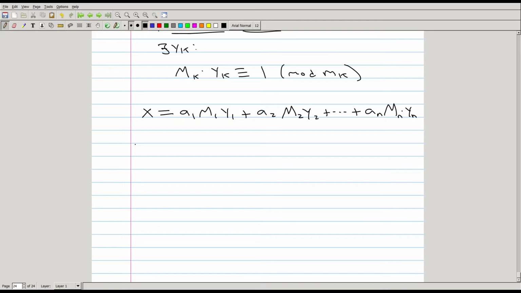We note that Mj is congruent to 0 mod lowercase mk whenever j is not equal to k, and thus if we take the kth modulo of this x value, every term here is going to be 0 except for the kth term in this sum, because the terms are congruent to 0 mod mk.